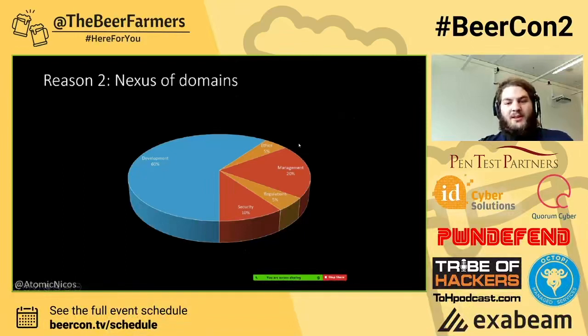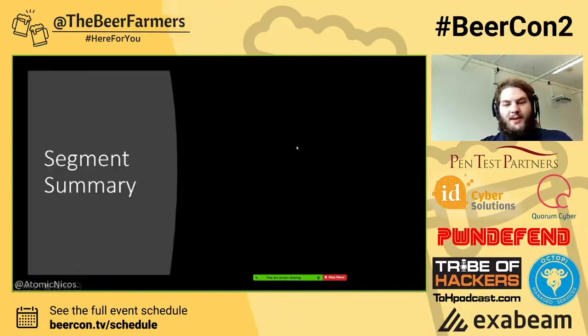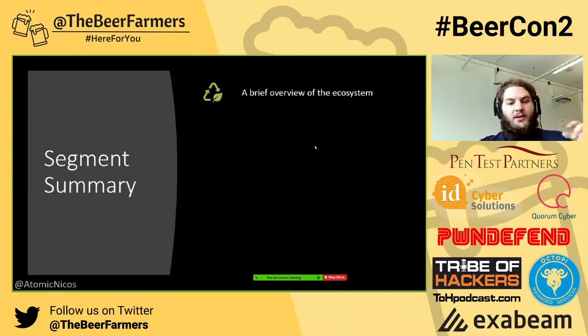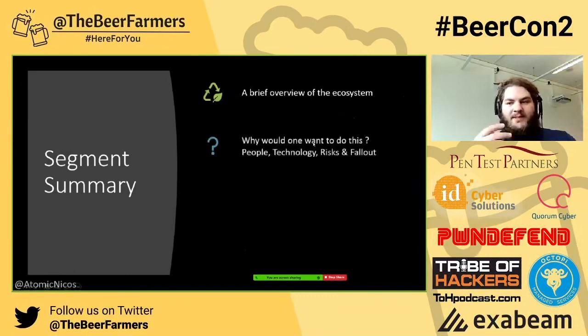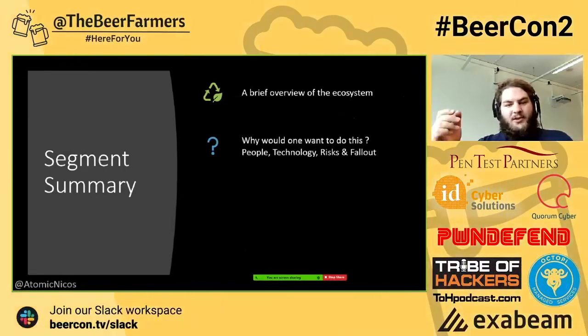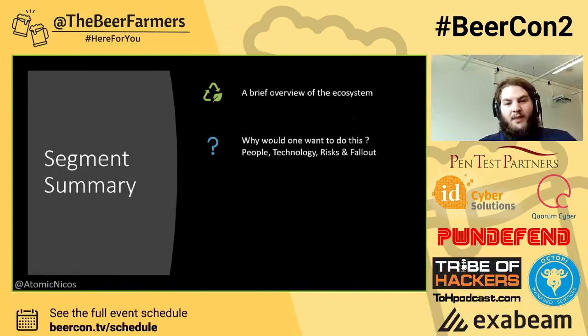So what are we going to talk about? Well, I'm going to give you a small brief overview of the terminology I used in the title of the talk. I'm going to say why we would want to reduce the risks, from the people involved to the technology at hand, the risks that both of these produce by making mistakes, and then the fallout that happens if you don't consider these risks.